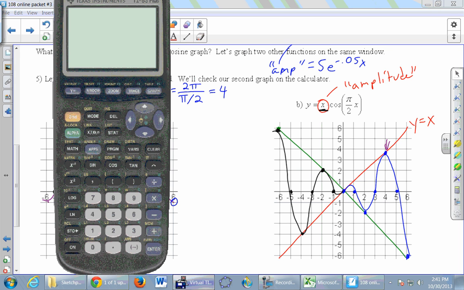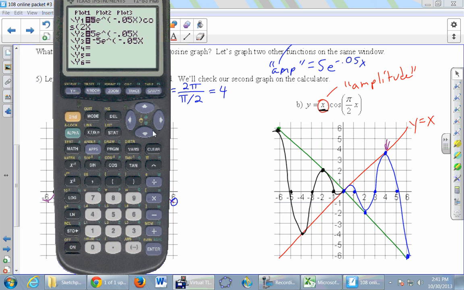So let's check this graph on the graphing calculator. So clearing all this stuff, and we'll type in our new function, which is just x cosine of pi over 2x. Oops. X cosine of pi over 2x. So we're going to graph that, and then we're also going to graph x and -x.